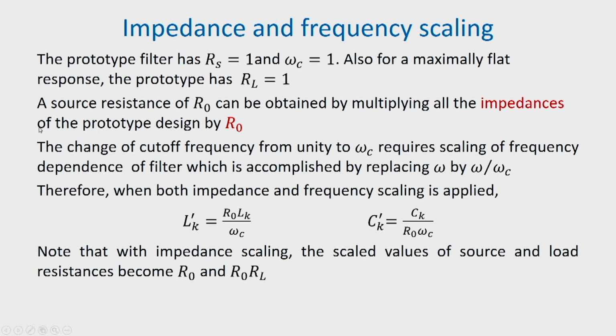A source resistance of R naught can be obtained by multiplying all the impedances.